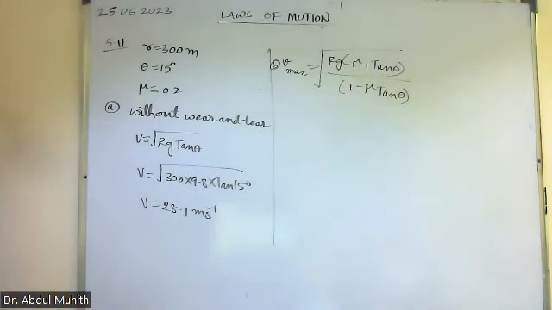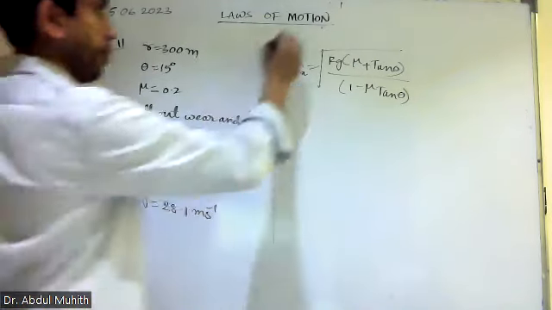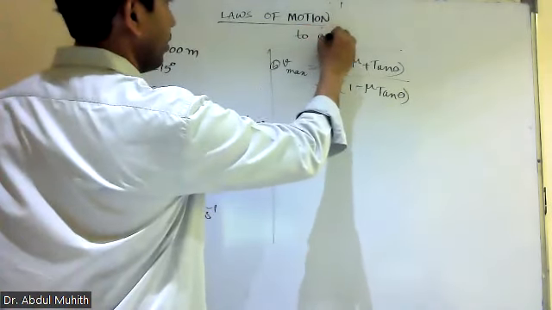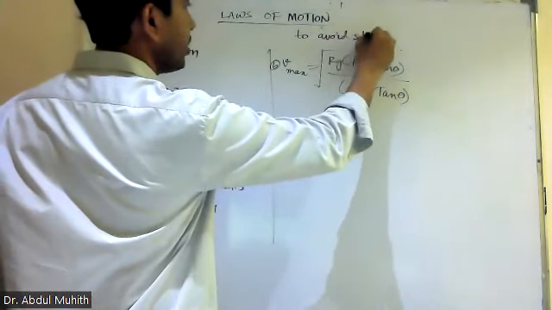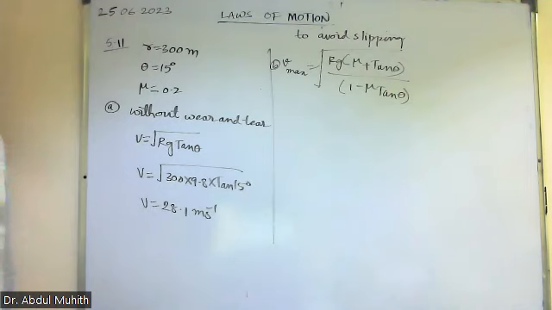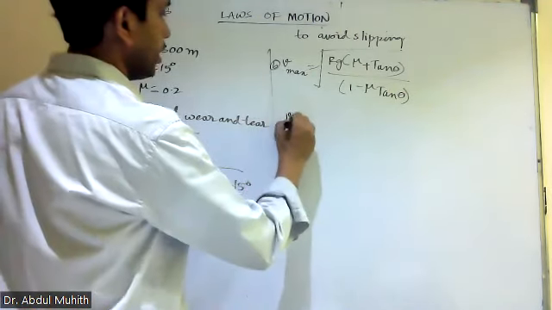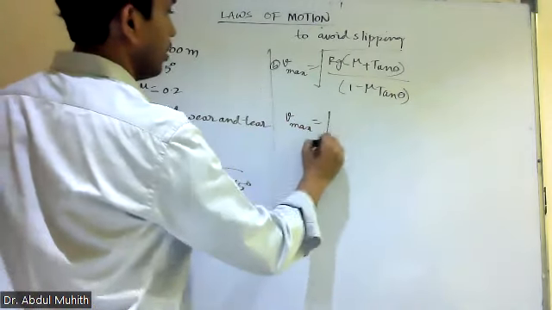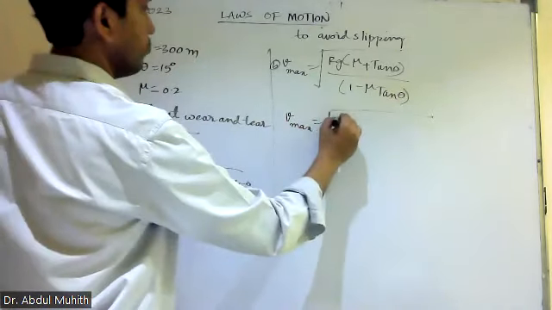The second part is maximum permissible speed to avoid slipping. To avoid slipping means there should be some friction between the tire and the road. So r g into mu plus tan theta by 1 minus mu tan theta. Substitute all the values now. So v maximum equal to under root of r, 300 into 9.8.